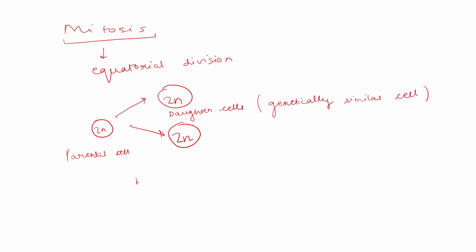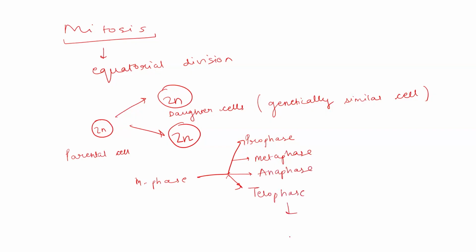The complete M phase that involves mitosis is divided into 4 phases that we saw in the last lecture. So it is prophase, metaphase, anaphase, and telophase, which is further followed by cytokinesis.